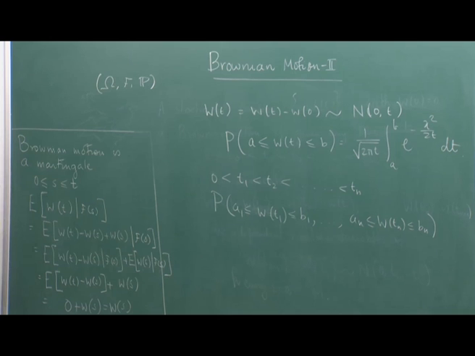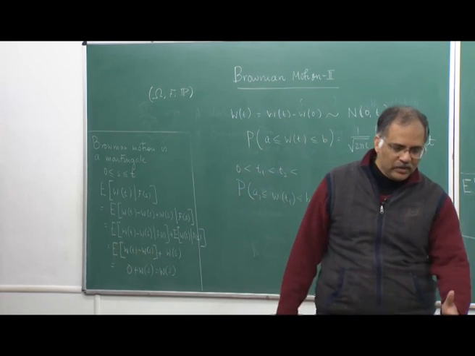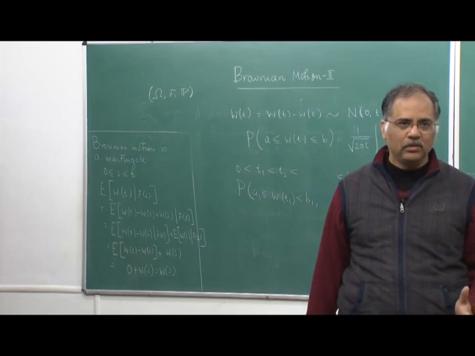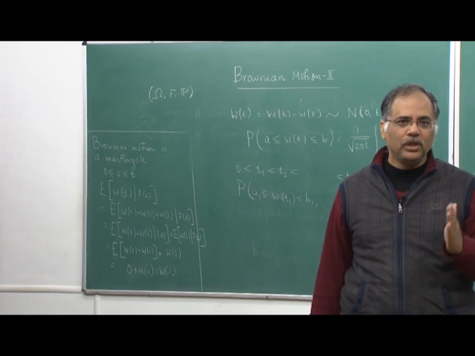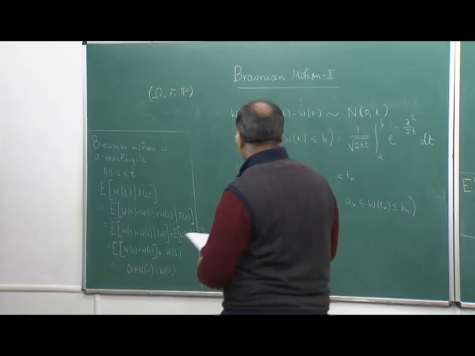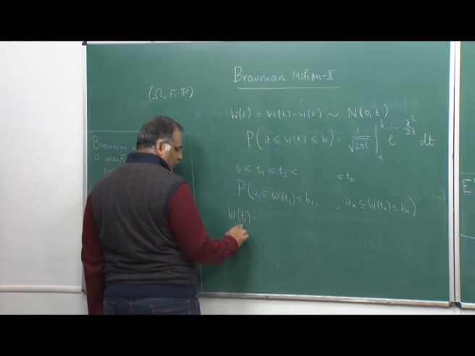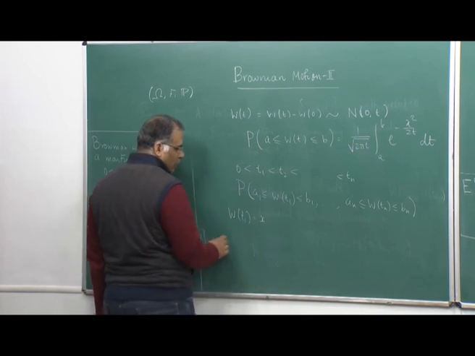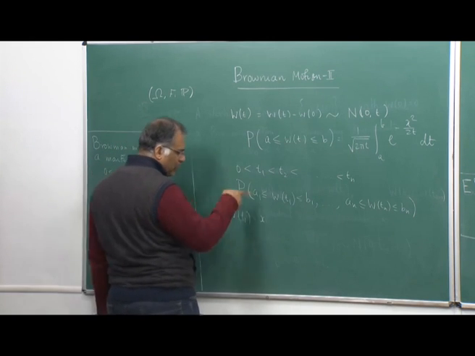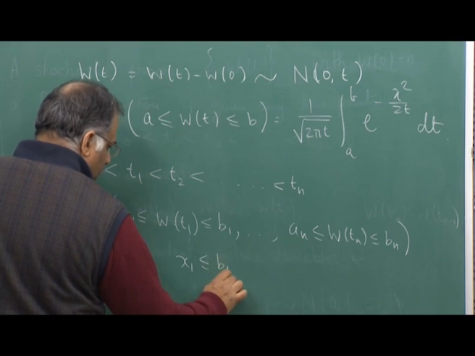Suppose you are given the information that under the given scenario omega, Wt1 omega was x. It is known to me that at time t1 for the given scenario, W was x1, lying between a1 and b1.